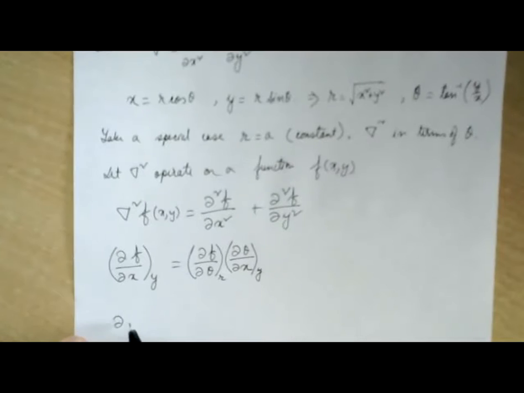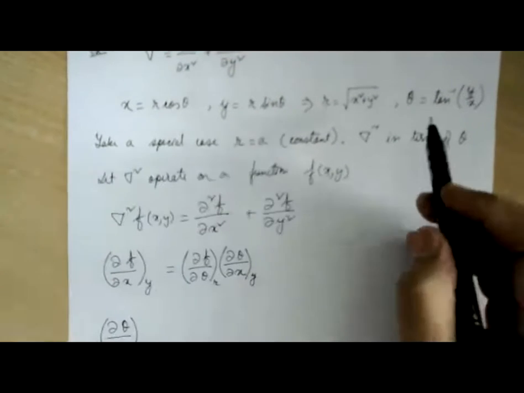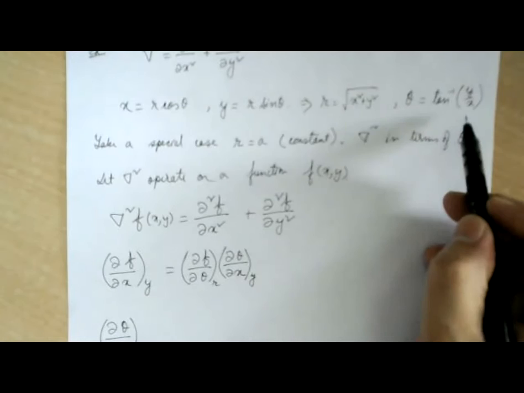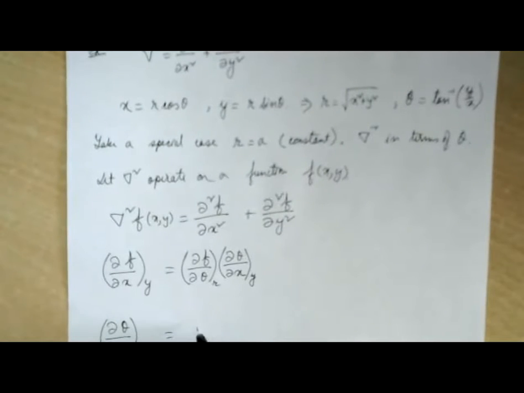So del theta by del x at constant value of y. What is theta? Theta is tan inverse y by x. So this is nothing but del by del x of tan inverse y by x, and this should be calculated at the constant value of y.